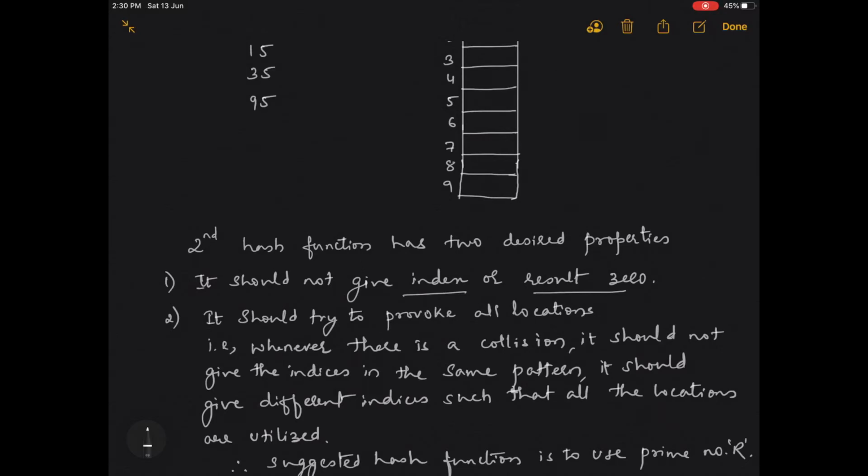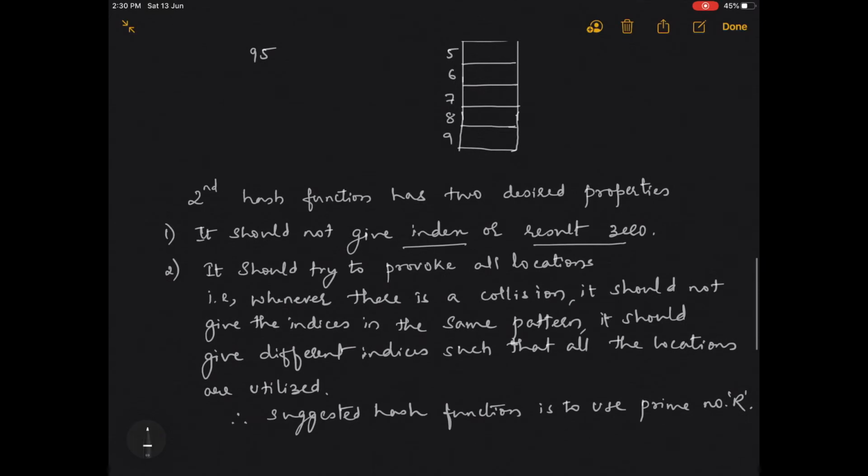Next, it should try to probe all the locations. Whenever there is a collision it should not give the indices in the same pattern, it should give different indices such that all locations are utilized. I hope you understood.